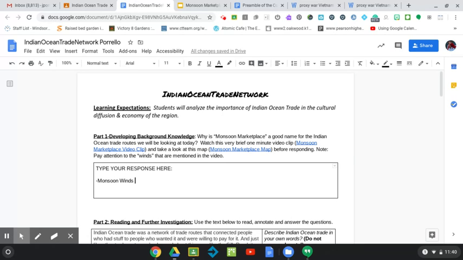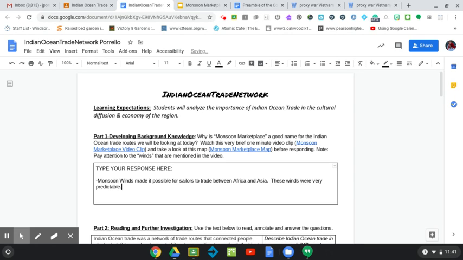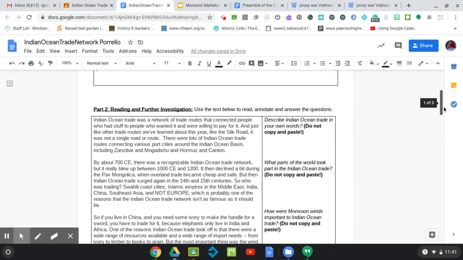Well, monsoon winds made it possible for sailors to trade between Africa and Asia, right? These winds were very predictable, which is really important as well. So they knew that, hey, it's the summer months. We need to get ready. We need to travel over to Asia and vice versa. Okay, so that's your answer to part one.